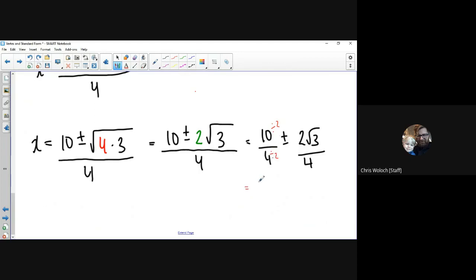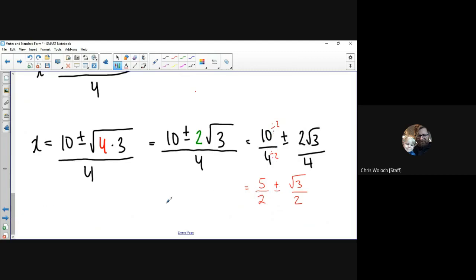Right? So I'm going to get 5 over 2 plus or minus, and then 2 over 4, well, that's just 1/2. Okay? So this is my simplest form. So this may help you to see how I can divide it up.